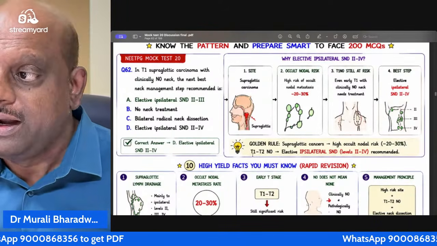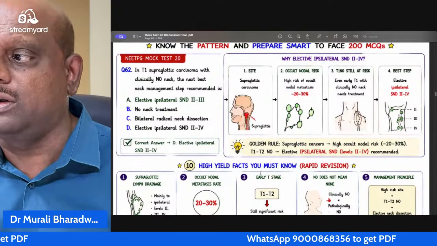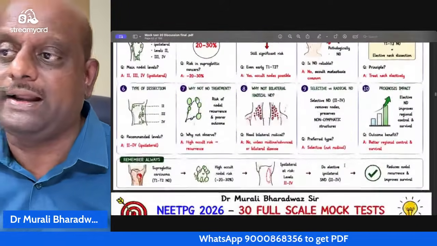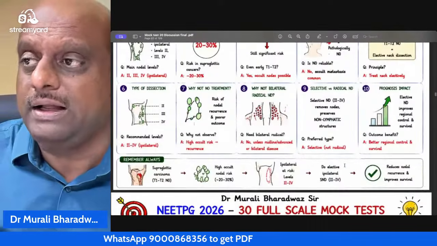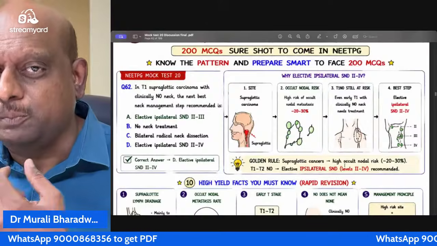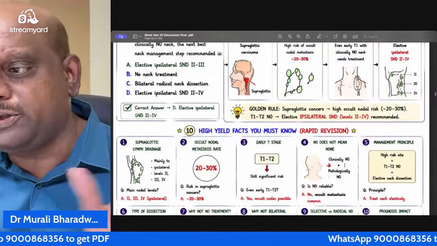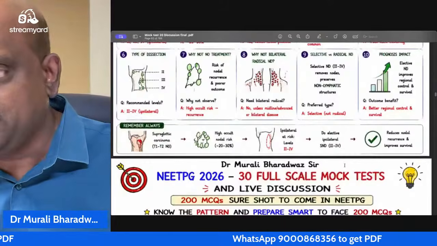Need to be removed. T1, T2 and N0. That is the treatment modality. So once more, glottic, supraglottic carcinoma, based upon the stage, what is the treatment, is a favorite question of the examiner.